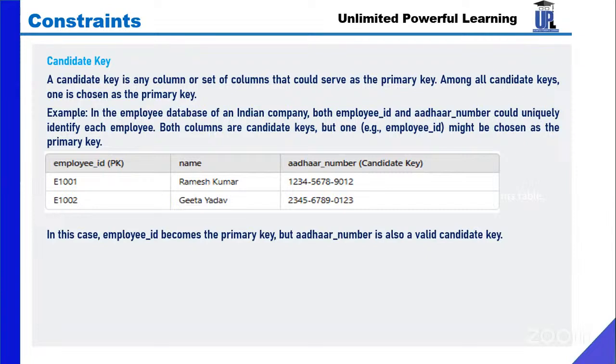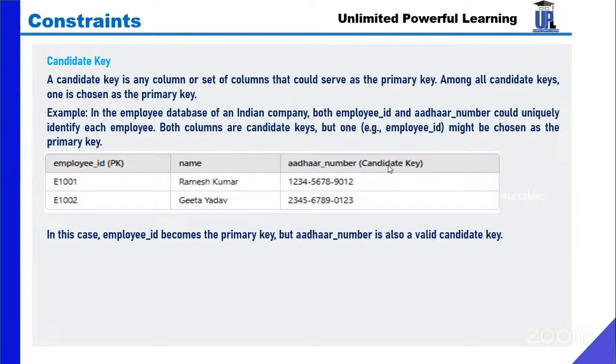So this also can be made a primary key. This also can be made a primary key. But both are candidate keys. Whichever is chosen is the primary key. And the key which is not chosen, other than the primary key, is a candidate key. That means most probably we should have taken this, but we have not. So that is called candidate key.